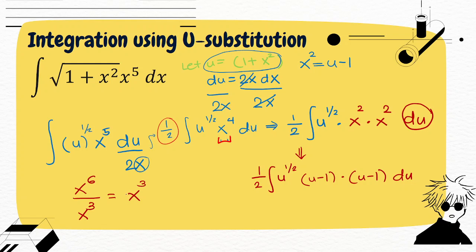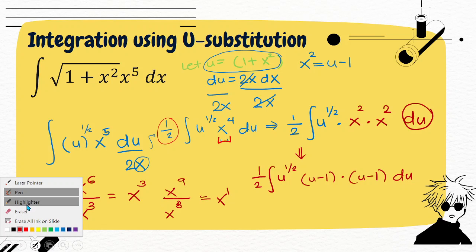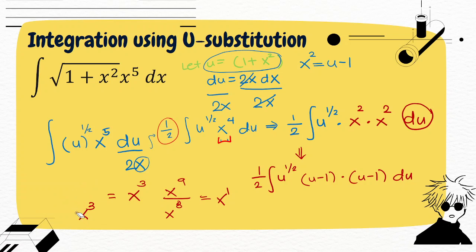Ma-minus lang yung exponent. So, pag x raised to 9 over x raised to 8, ang sagot, x raised to 1. Kaya nawala si x. Naintindihan? So, hanap tayo ng paraan paano i-handle si x squared. So, hiniwalay ko siya.